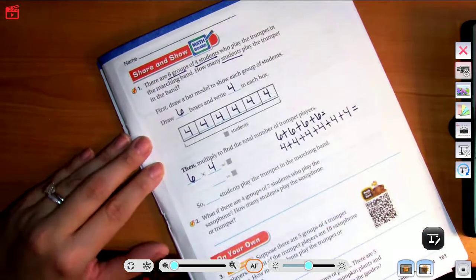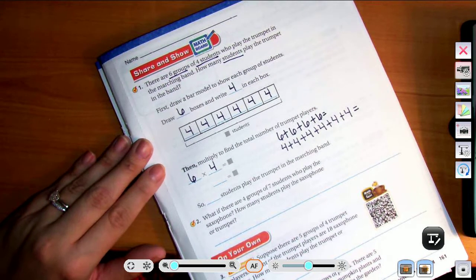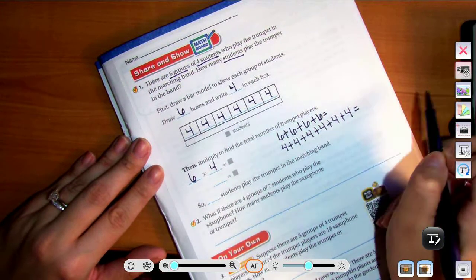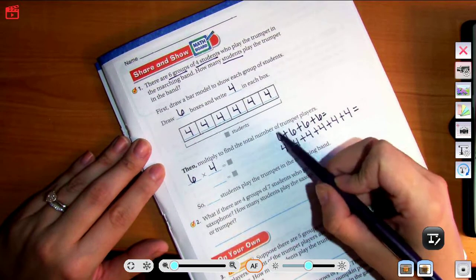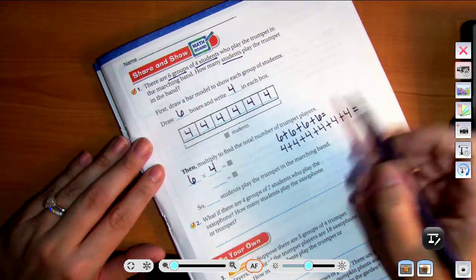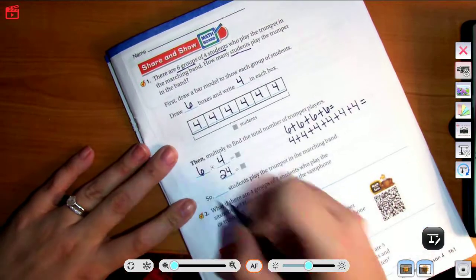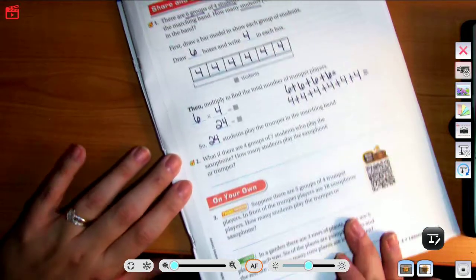Okay? That's what I mean by repeated addition. You can also use your number line to do your jumps. So if we were going to do this, it would be 6, 12, 18, 24. So 24 students play the trumpet in the marching band.